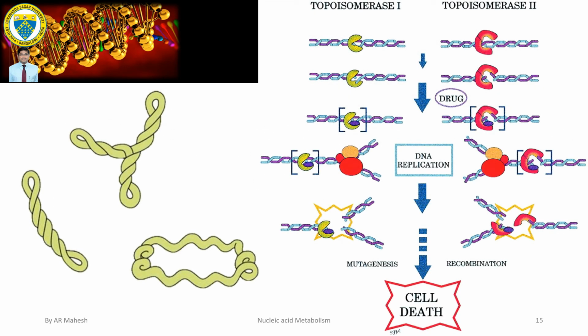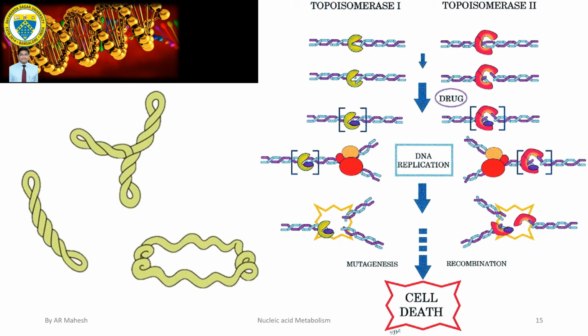The problem of supercoils that comes in the way of DNA replication is solved by a group of enzymes called DNA topoisomerases. Type 1 DNA topoisomerase cuts the single strand of DNA to overcome the problem of supercoils.